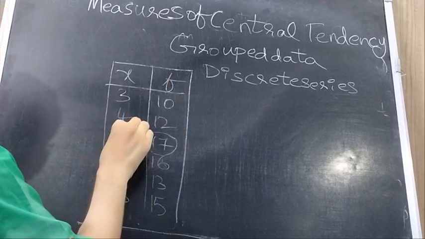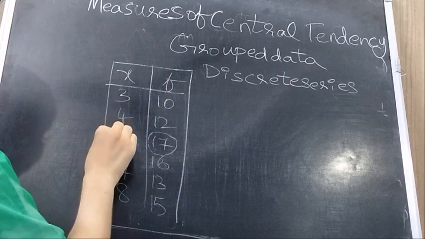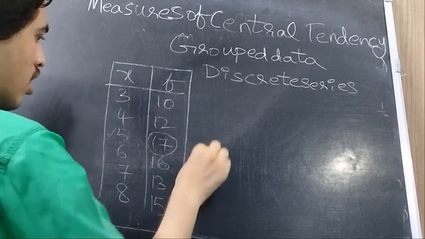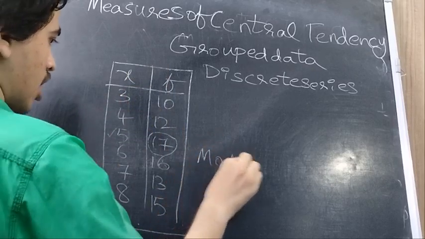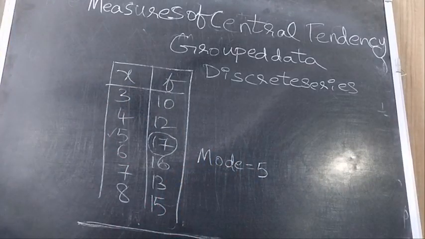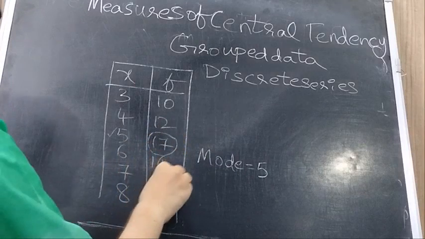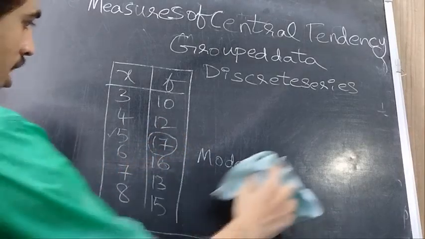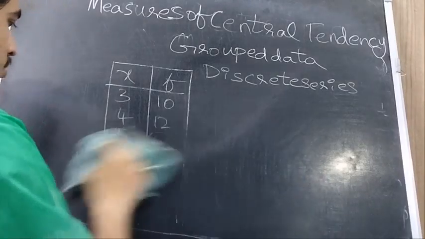So the number coinciding with 17 will be the mode. So here the mode will be 5. What is the mode? 5. Till 10th class level this much is enough in discrete series. If you go further, there will be one more 17, and there will be another method for finding that.